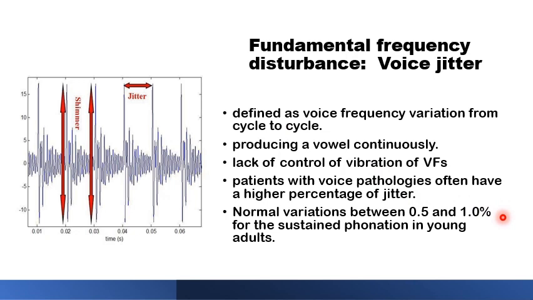The voice jitter is defined as the variation in the voice fundamental frequency from cycle to cycle while producing a vowel continuously, and usually reflects a lack of control of the vibrations of the vocal folds. It's expected to be higher in patients who have voice pathologies than the average jitter in normal individuals while producing a vowel, where the variation should be between 0.5 and 1%.